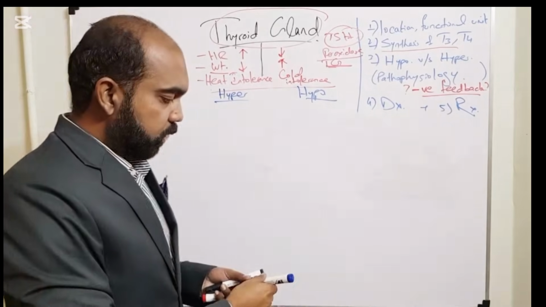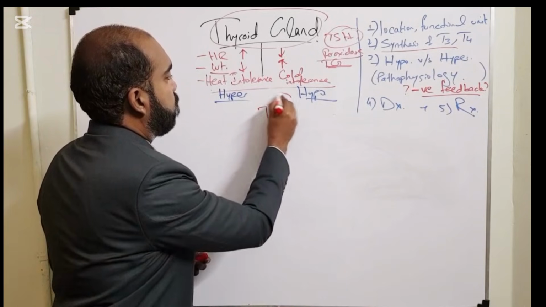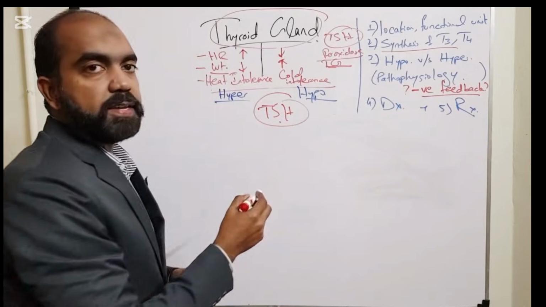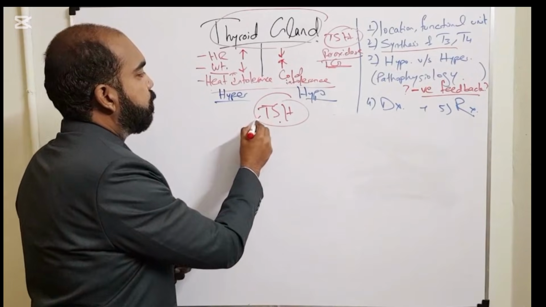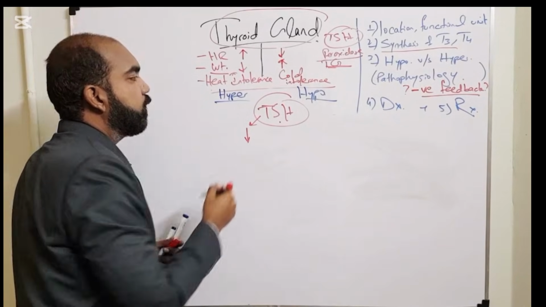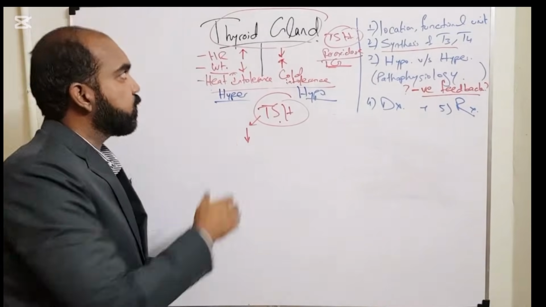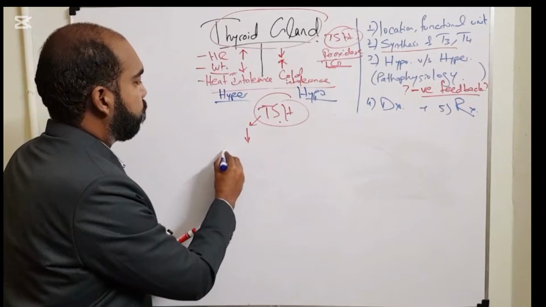The next step would be to check the TSH. If TSH is decreased or increased, so if it is decreased, usually we would think of hyperthyroidism with this presentation, and then we would go for free T4.